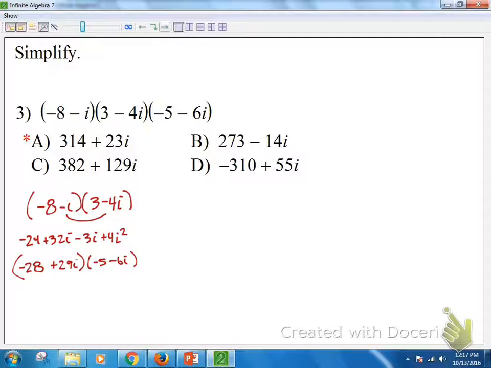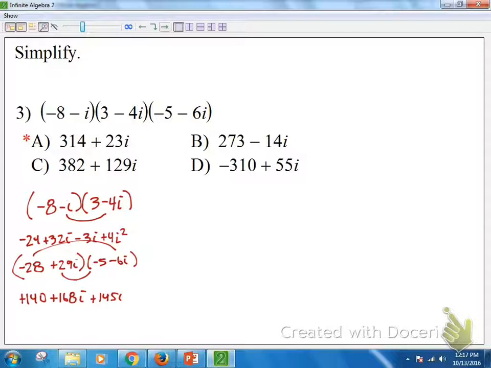Alright, so we got negative 28 times negative 5 is positive 140. Right, I just multiplied these two. And then we got negative 28 times negative 6i is positive 168i, right? And we got 29i times 5 is positive 145i, right?